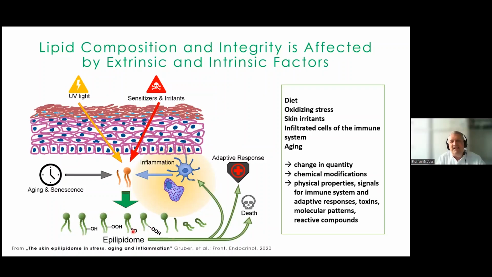Studying the nature and the action spectrum of the epilipidome, which can range from roles as, for example, second messengers to toxic substances, has only become possible through modern analytical techniques.